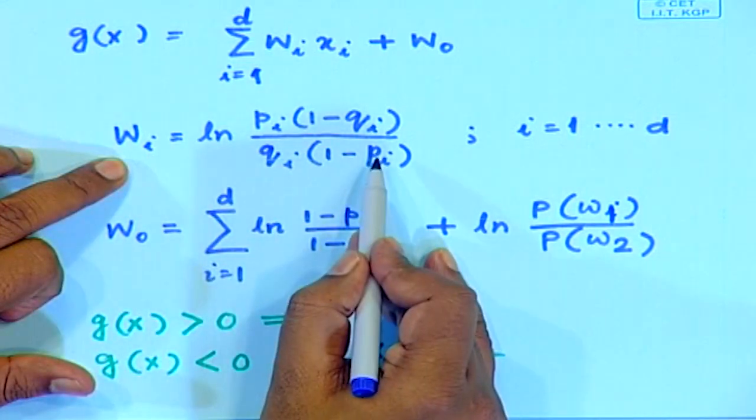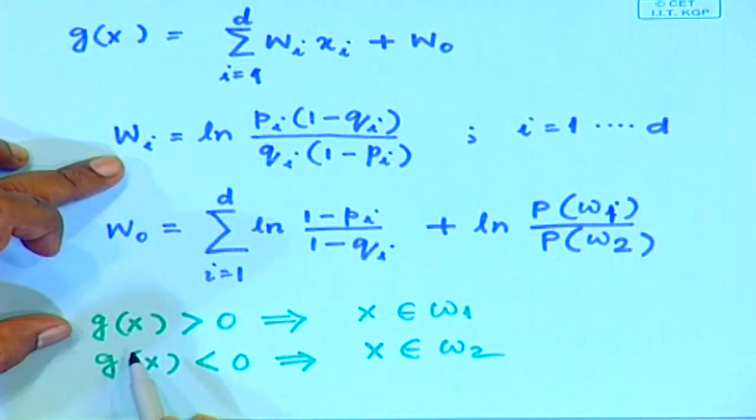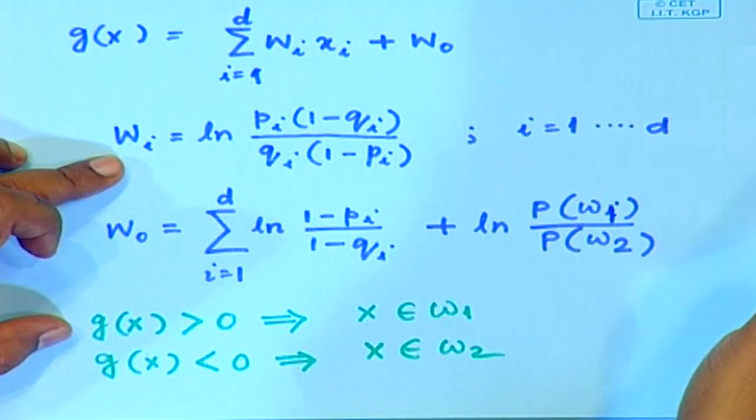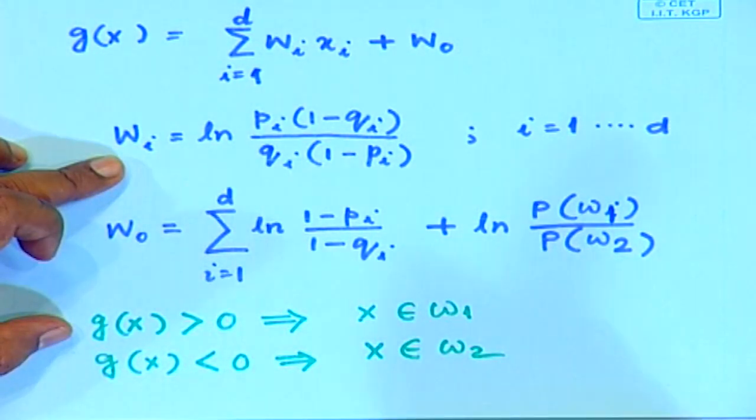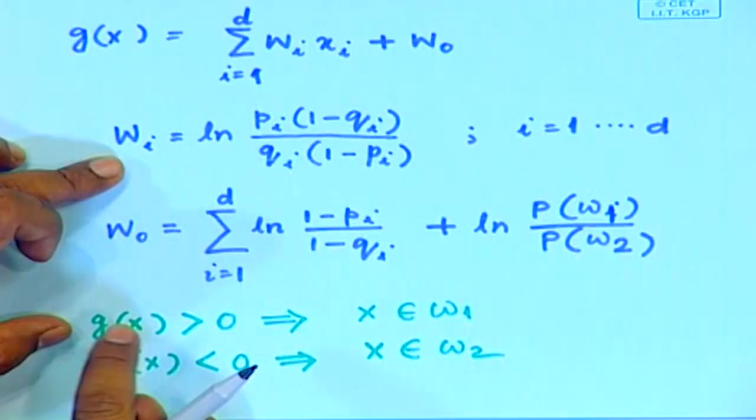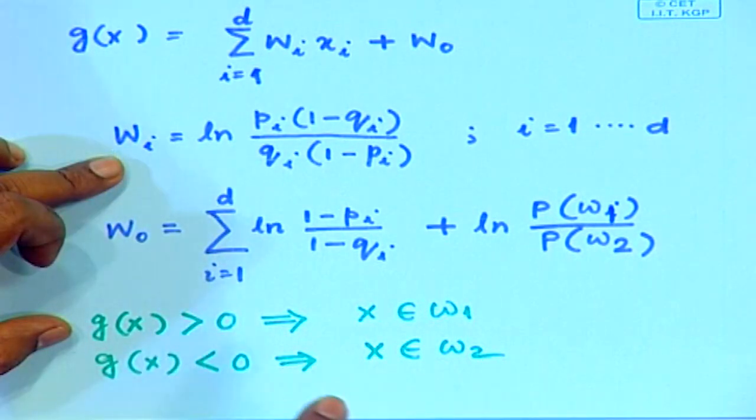If the value of wi is positive, what happens to my g(x)? Not necessarily; it depends upon the other values of i as well. Okay. So, effectively I can say that if xi is equal to 1, then this component xi gives a vote of value wi to g(x) to decide that this feature vector x belongs to class omega 1.